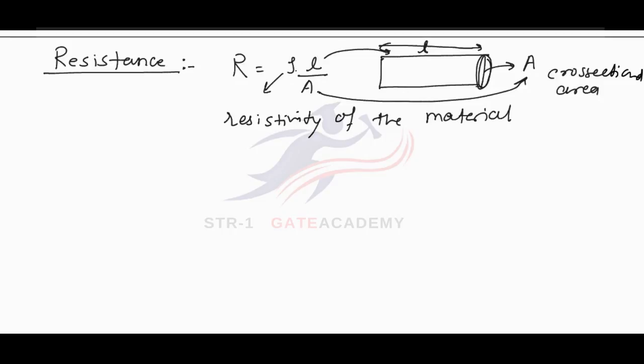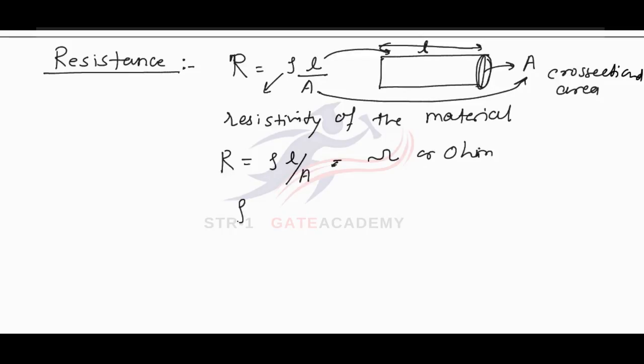We know the equation of resistivity for intrinsic, N-type and P-type semiconductor. So calculating the resistance for different types of material will not be much difficult if we know the equation for resistivity. Also, the unit for resistance is ohms.